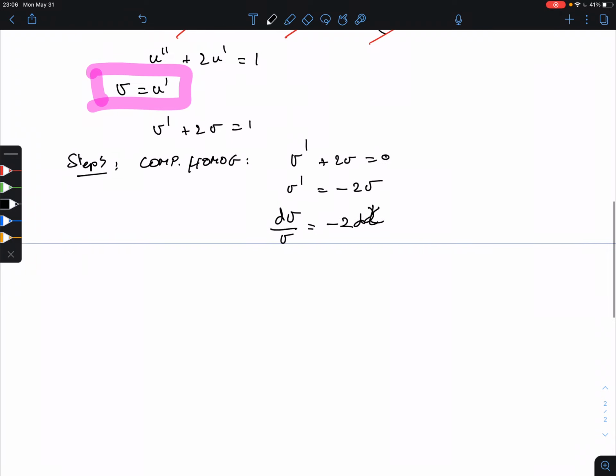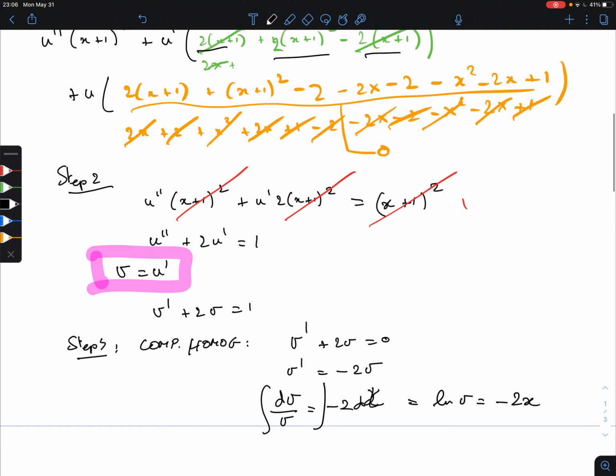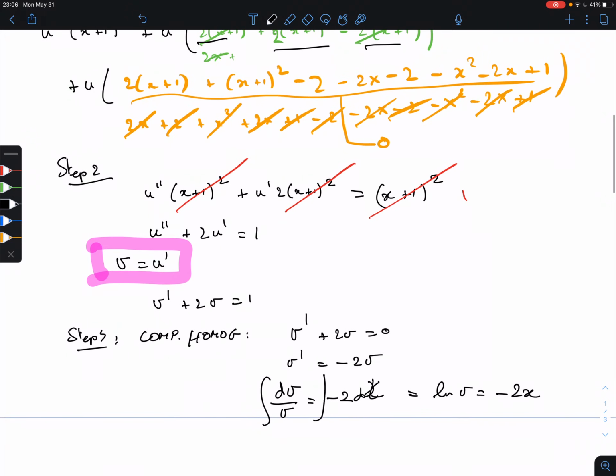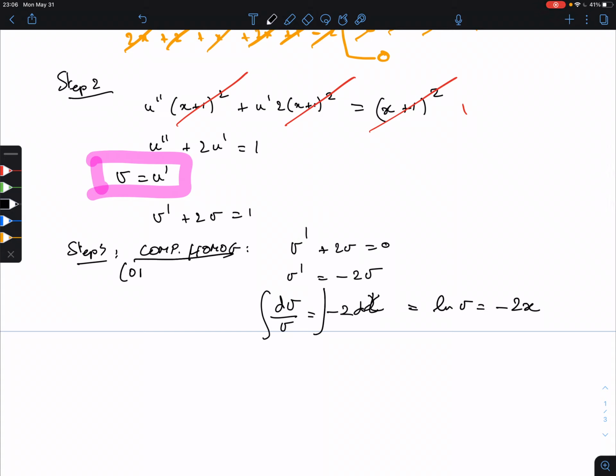If I antidifferentiate, I get ln of v equal to minus 2x plus a constant. Let's think about it. What are we doing? Now we are looking for the general solution, right? Oh no, we're not, sorry, we're still in the homogeneous one, so we need only one solution in this case.